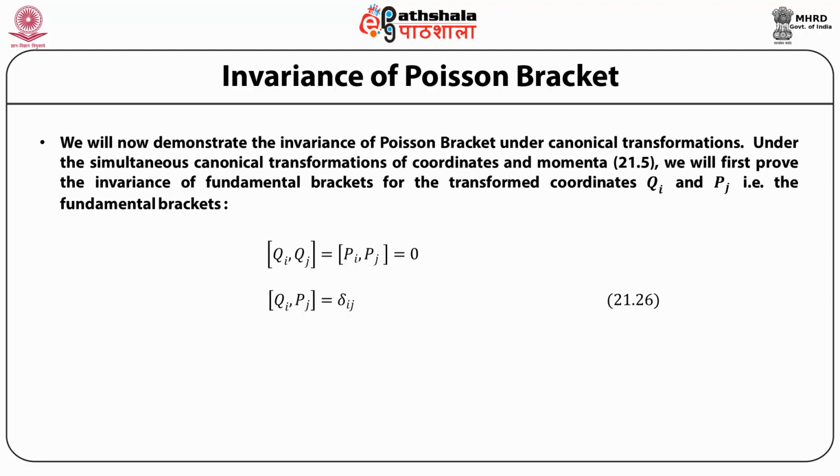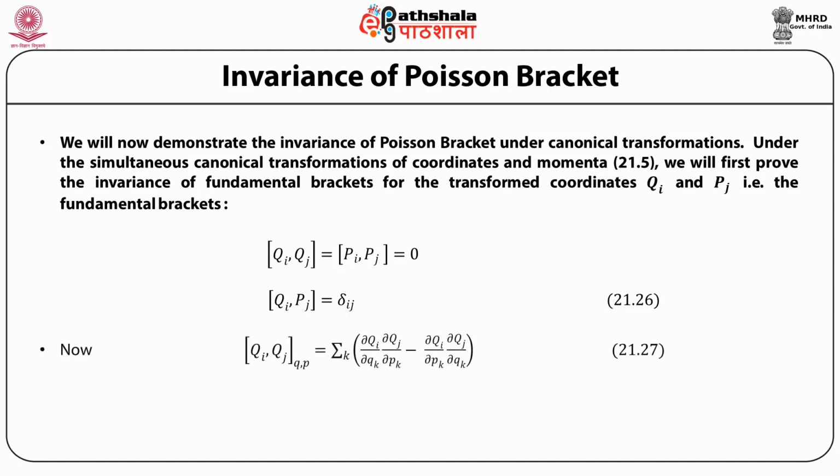So we will first prove the invariance of fundamental brackets for the transformed coordinates Qi and Pj. That is, the fundamental Poisson bracket between the new coordinates Qi, Qj is equal to the Poisson bracket between the new momenta Pi, Pj is equal to 0, and the Poisson bracket between the new coordinates and their conjugate momenta is equal to delta ij.